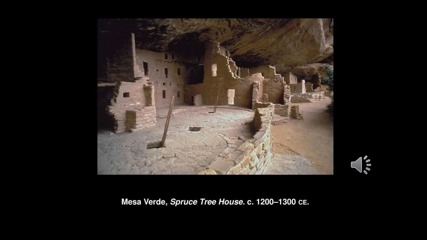This is Mesa Verde. The Anasazi cliff dwellings known as Spruce Tree House in southwest Colorado. The cave provided security but also brought the people living there closer to their origins. The Anasazi abandoned their cliff dwellings in 1300 CE, maybe because of drought or disease or war.